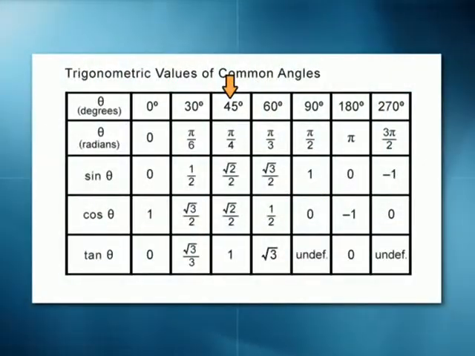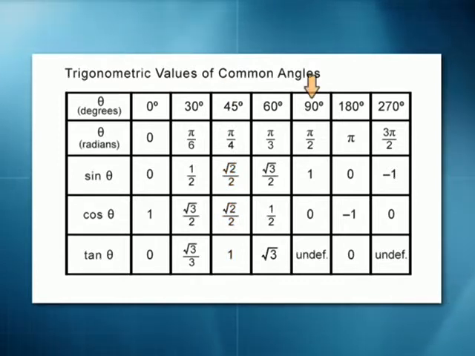This table will be in the appendix of our workbook, and it's worth looking it over every so often and pointing things out. For instance, look at 45 degrees. That's pi over 4 radians. And last lecture, we computed the sine and the cosine. They were both square root of 2 over 2, and the tangent turned out to be 1.